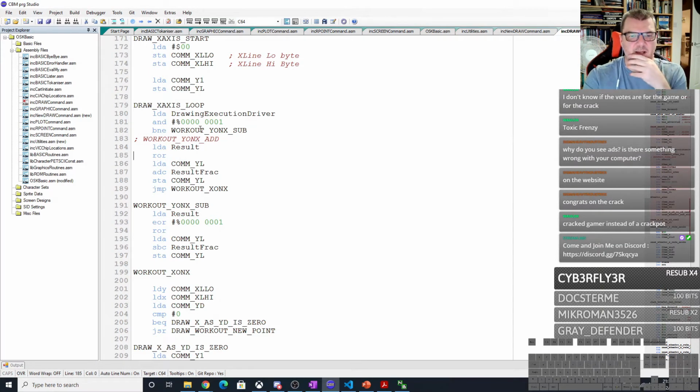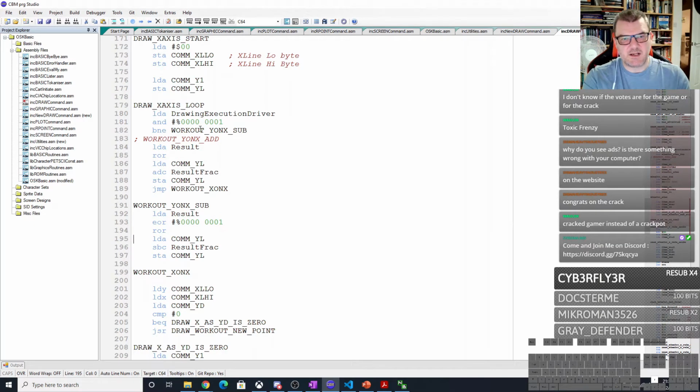So that's working out the Y on the X, but it's an add because Y1 would have been smaller. And this is working out Y on X subtract because Y1 would have been bigger than Y2. So if it's not equal to, that means there's a 1 left in the accumulator, so it's subtract.